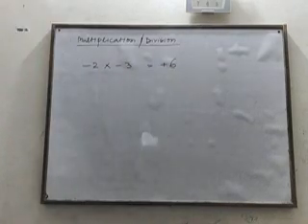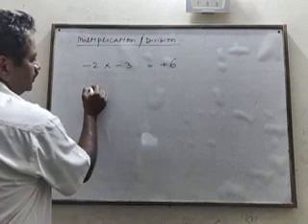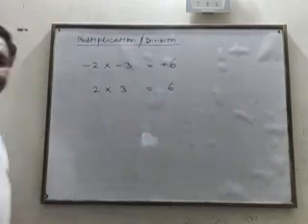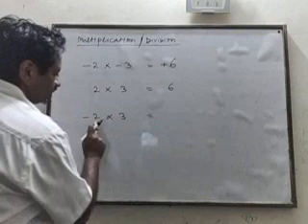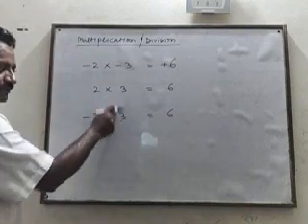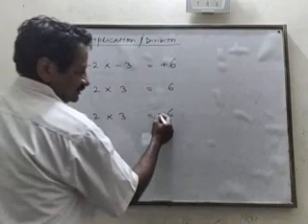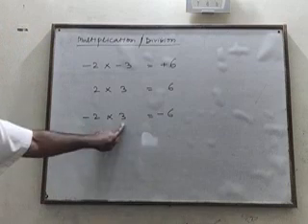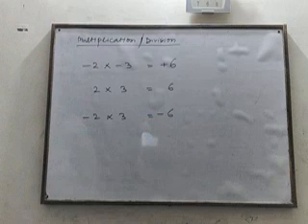If both are positive, then also plus, 2 multiply 3. For -2 multiply 3, 3 twos are 6, one integer is negative, one is positive, so sign according to chart is minus. You can see in the chart, if one integer is negative, one is positive, in the answer after multiplication or division, minus sign will be there.